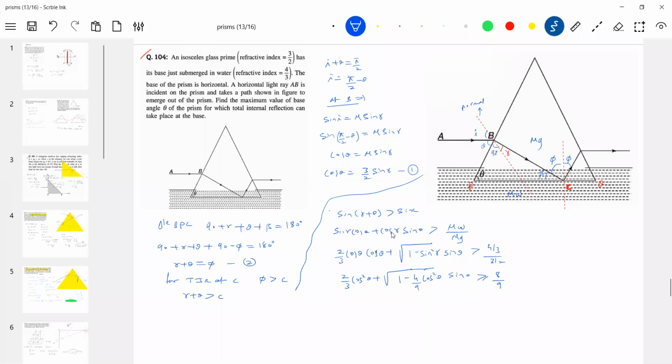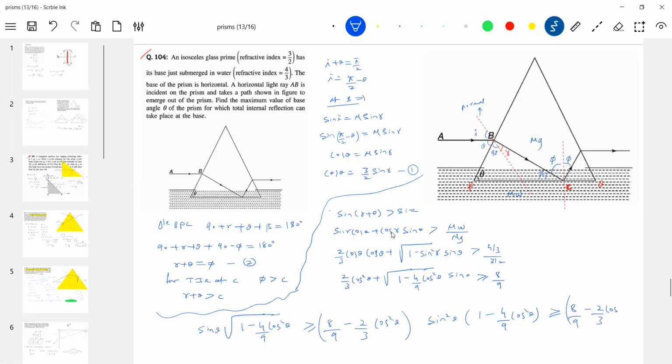So this will be sine theta times root of 1 minus 4 by 9 cos square theta equals 8 by 9 minus 2 by 3 cos square theta. Squaring, so that root will get eliminated. Sine square theta times 1 minus 4 by 9 cos square theta equals 8 by 9 minus 2 by 3 cos square theta, whole squared.